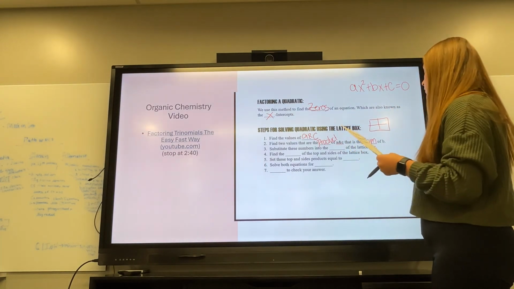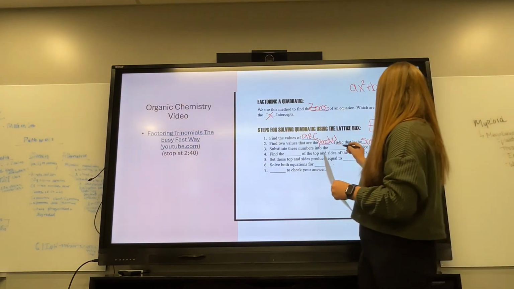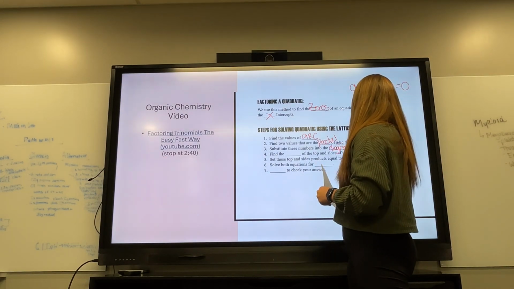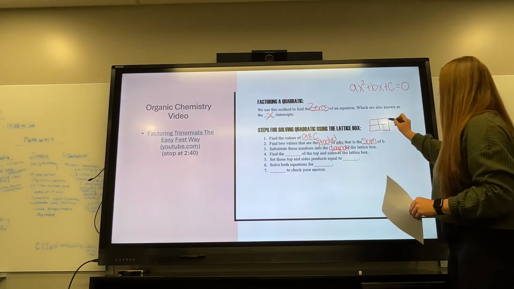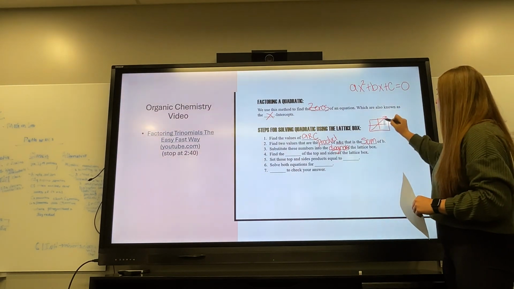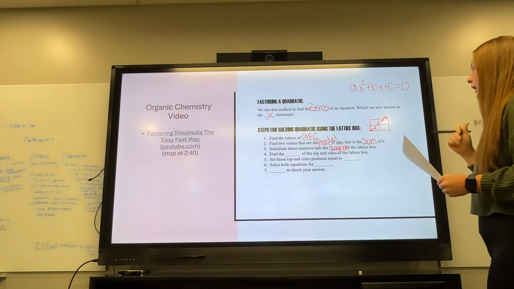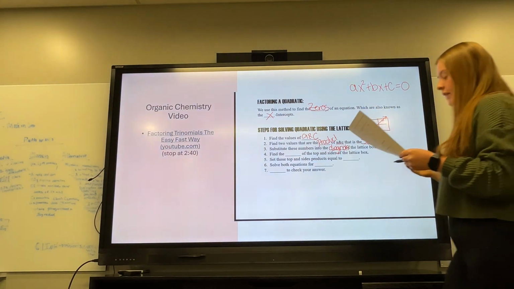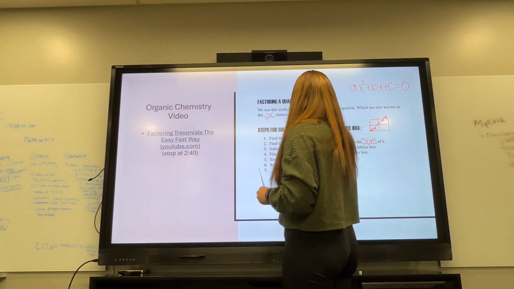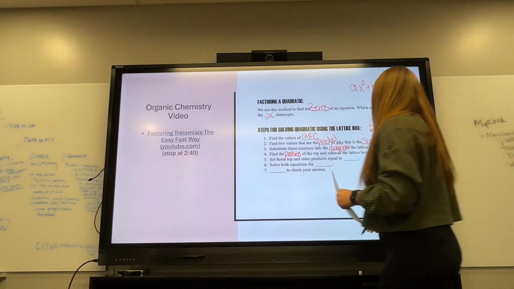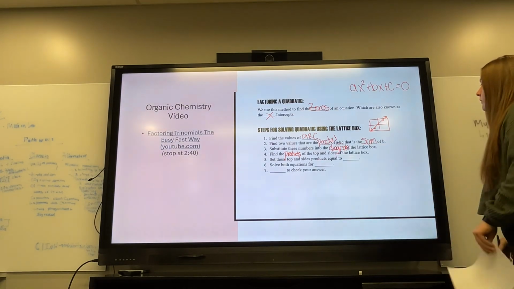Okay, substitute these numbers into the diagonals. So those will be right here, and right here. Okay, 4, find the products of the top and the sides of the lattice box.